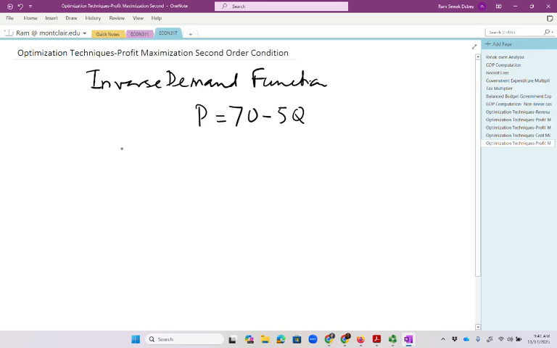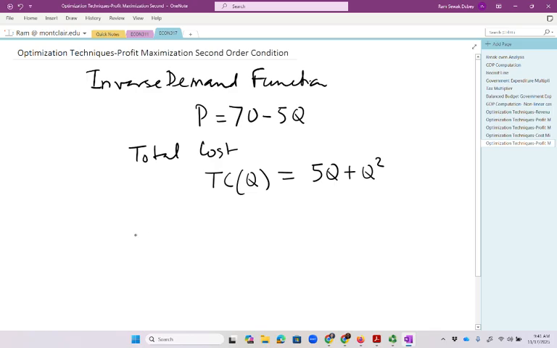We are also given that the total cost for producing output Q, so I will write TC for total cost, it's a function of the output Q, is given to be 5Q plus Q square. Given this, we want to find out the maximum profit the firm can earn.